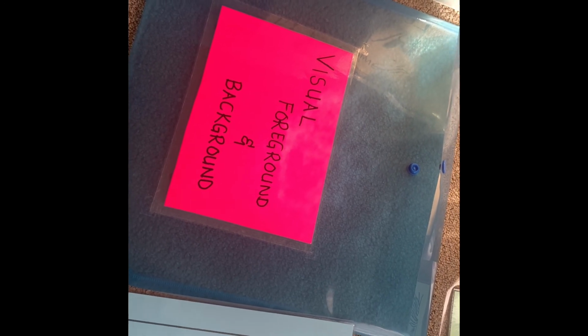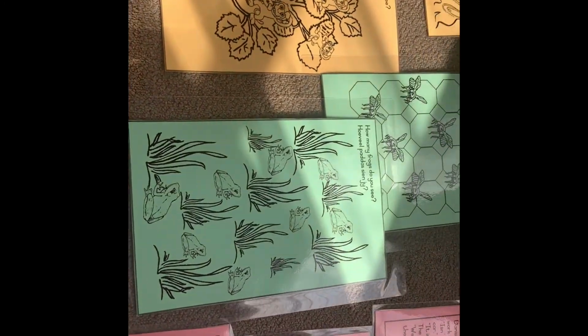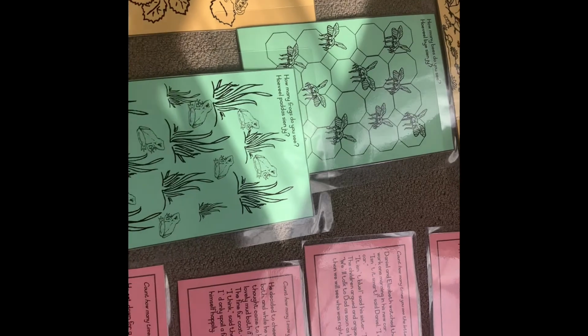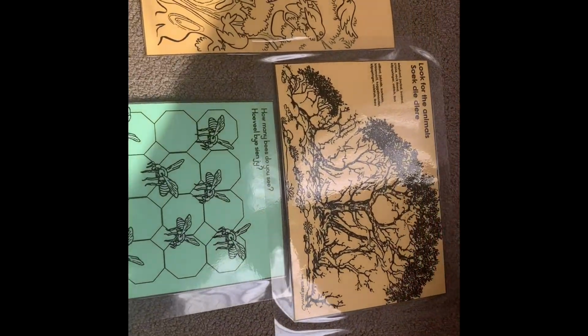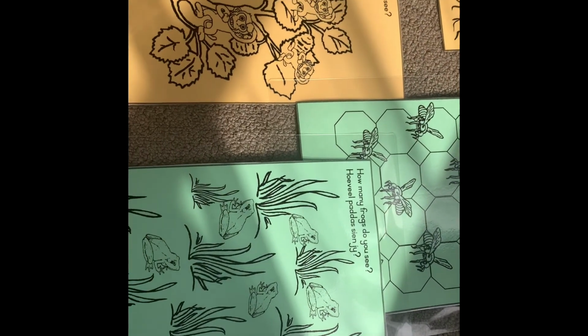Visual foreground and background. Visual foreground and background is the ability to focus on important visual information and to move the unimportant information to the background. We first have your hidden object cards. And we have 5 of them.